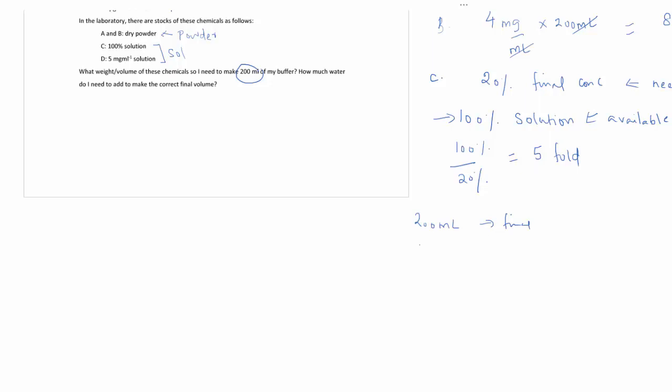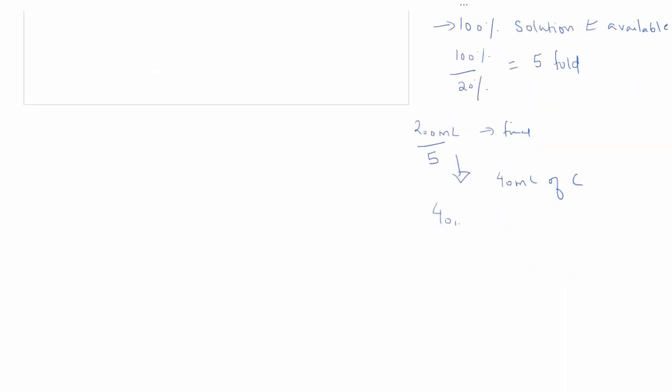If we divide by 5, that yields 40 milliliters of C. So if you take 40 milliliters of C and then make it up to 200 milliliters eventually, that's a 5-fold dilution, and that will bring the concentration of the concentrated C product from 100% to 20%, right? So we need 40 milliliters of C to be put into 200 milliliters of the final volume.